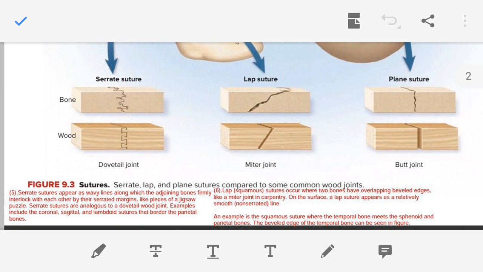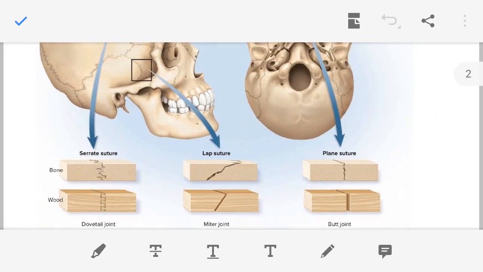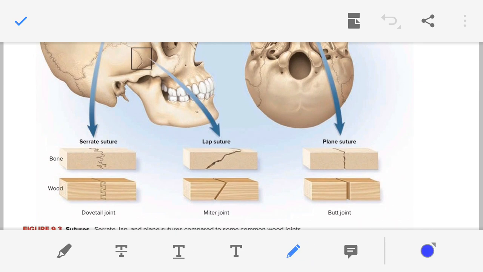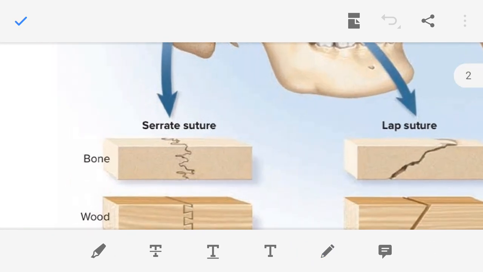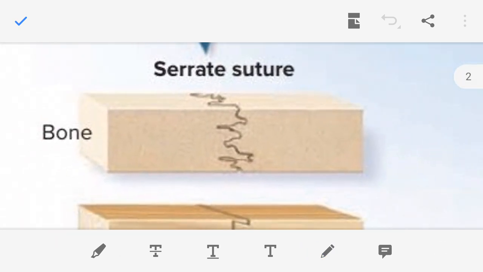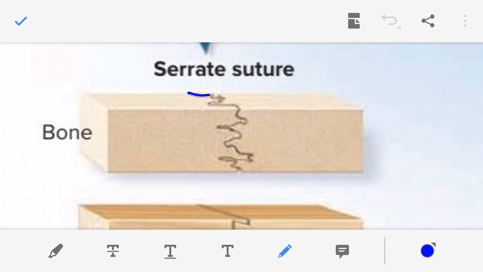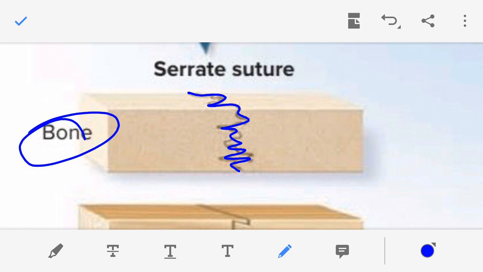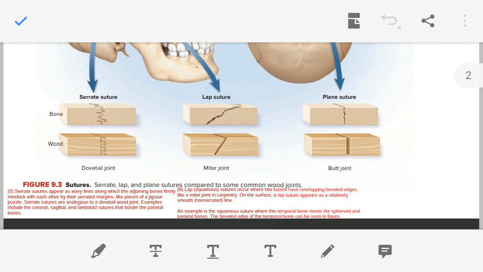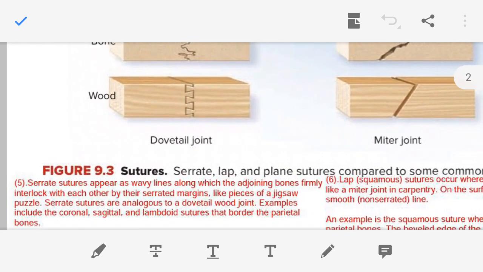So similar way in this serrate suture, the edge of one bone is penetrating in the depression of the other bone. Okay, so this is the first type.